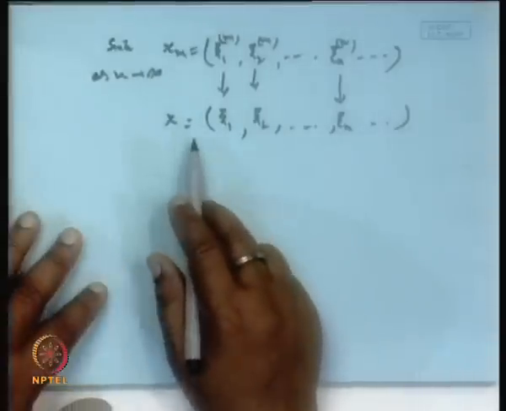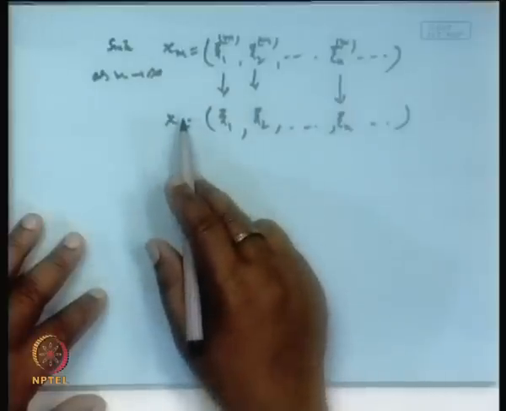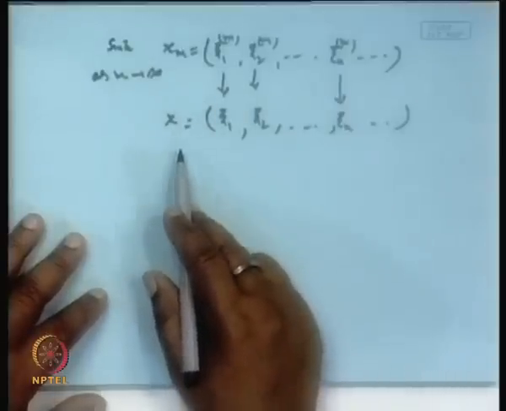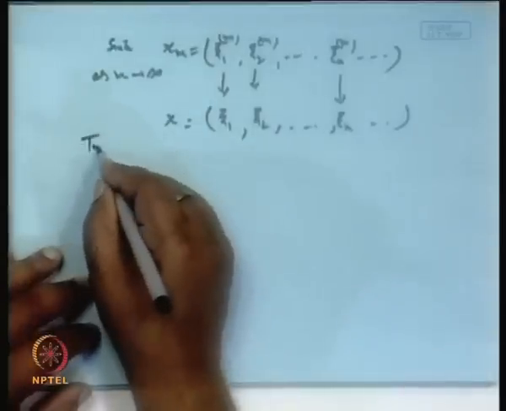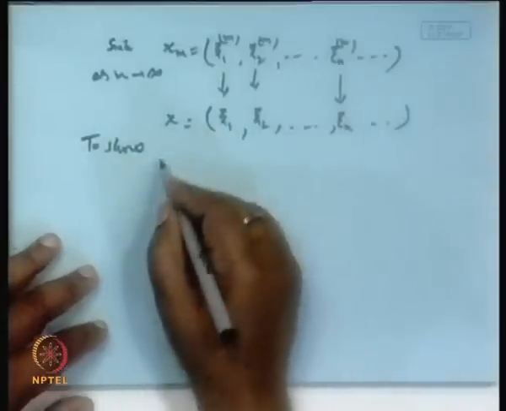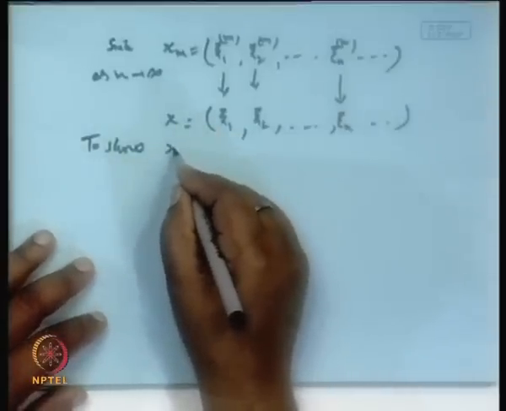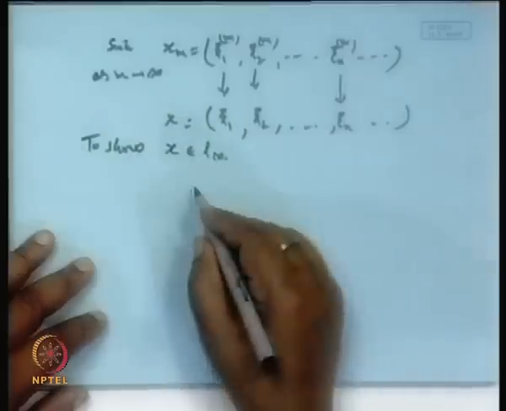Now, if this point x belongs to L infinity and this convergence is in the metric of L infinity, then L infinity will be complete. Okay. So, first we show that this x belongs to L infinity.